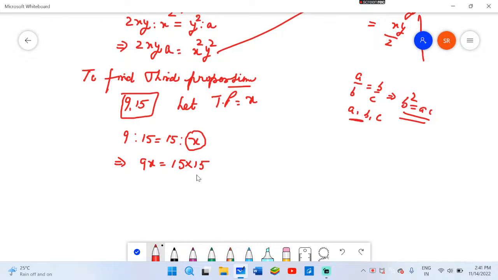That gives me x is equal to 225 upon 9, and this is 25.